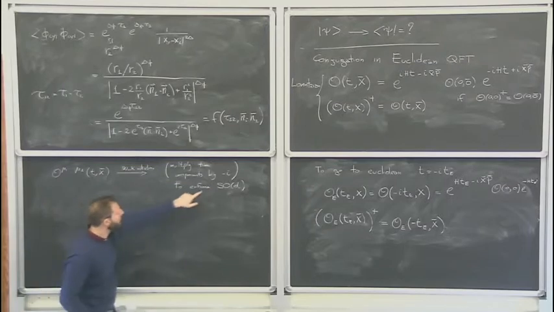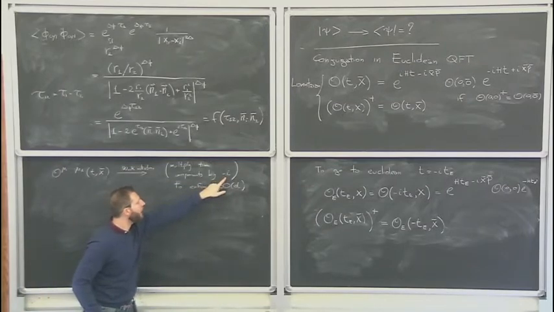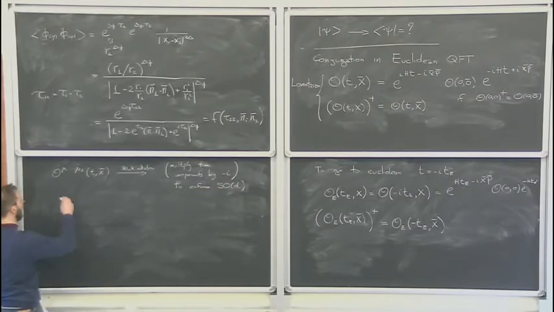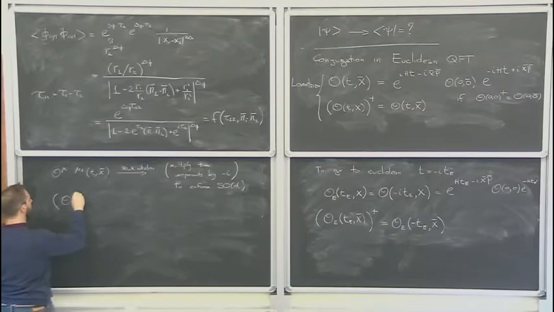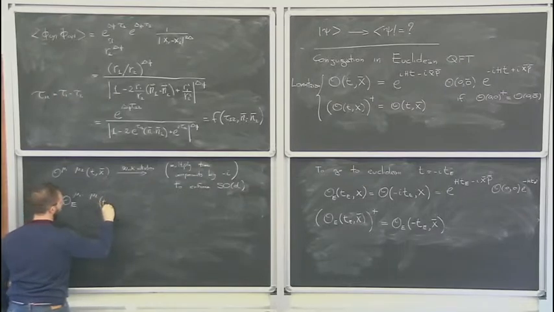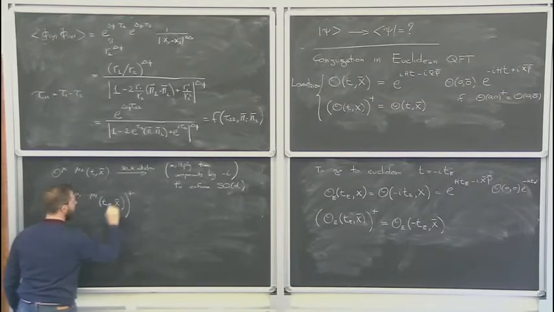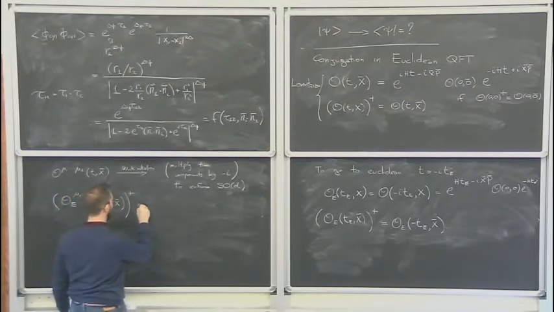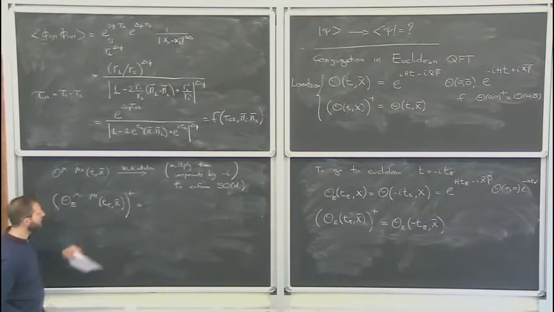And so, because of this minus i, when you take the complex conjugation of such a field, you still have to reflect the field in time.